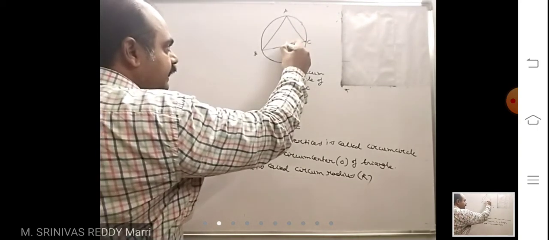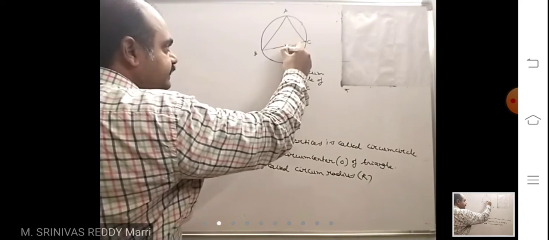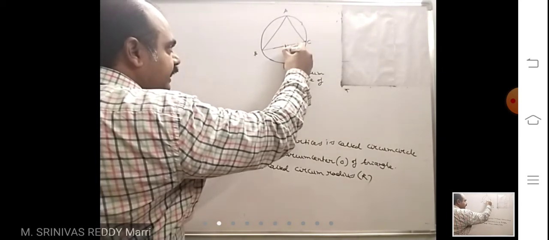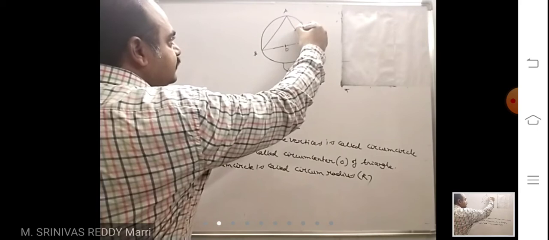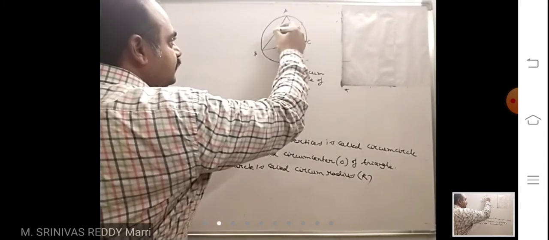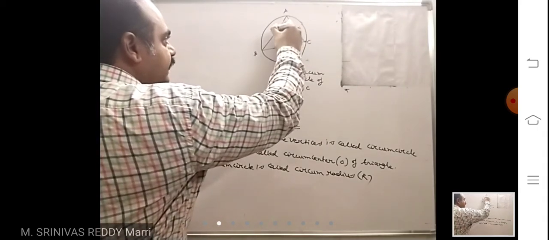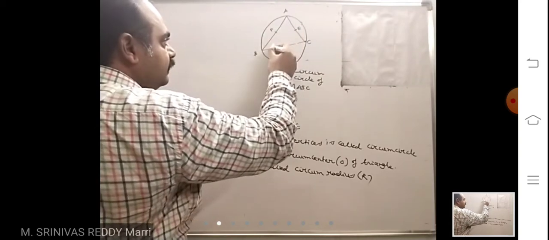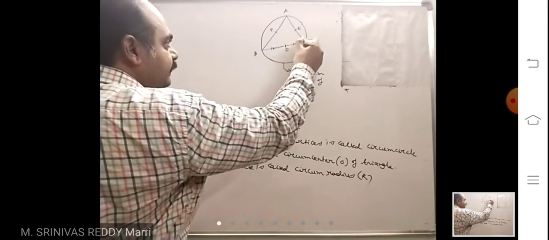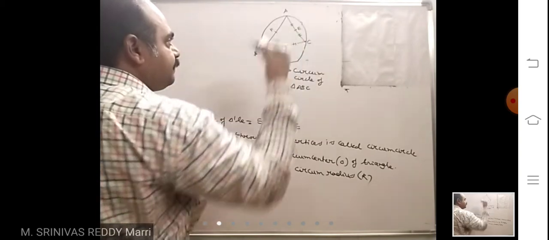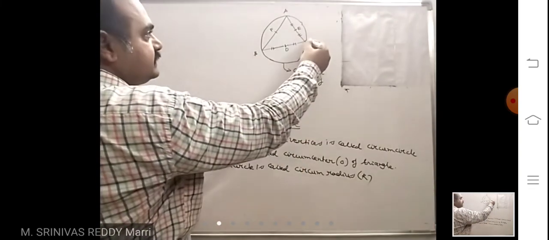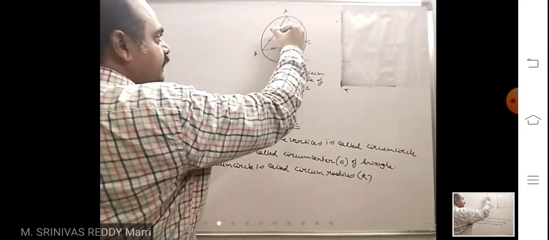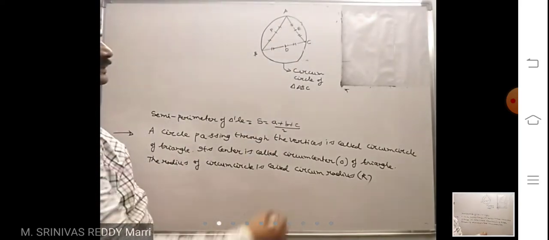This is the midpoint of BC. Let us take the midpoint as D. Let us take the midpoint of CA as E. Let us take the midpoint of AB as F.